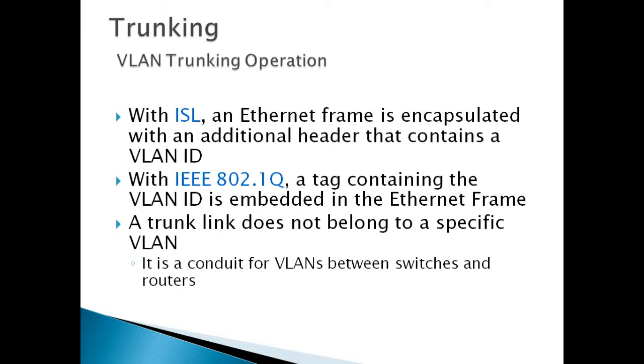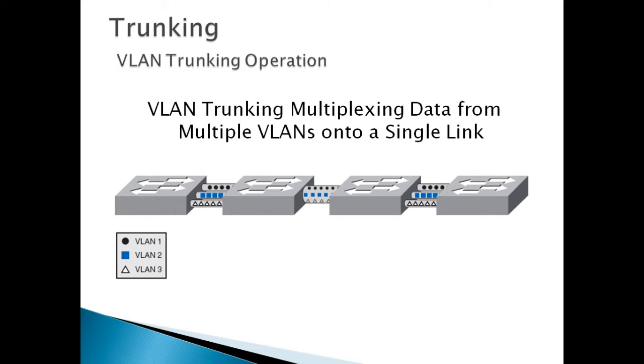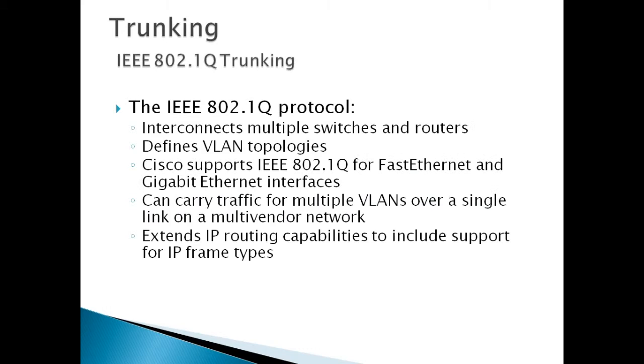A trunk link does not belong to a specific VLAN. It is a conduit for VLANs between switches and routers. VLAN trunking multiplexes data from multiple VLANs onto a single link. IEEE 802.1q trunking: the IEEE 802.1q protocol interconnects multiple switches and routers and defines VLAN topologies.